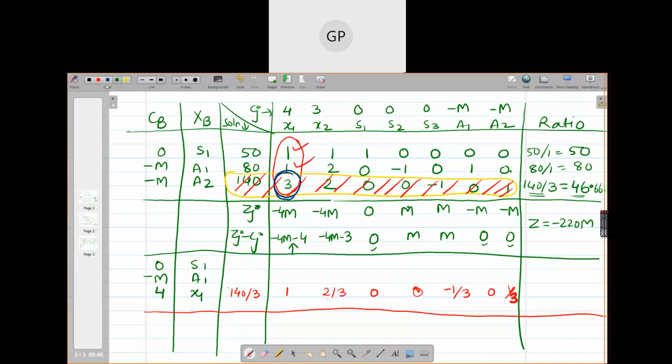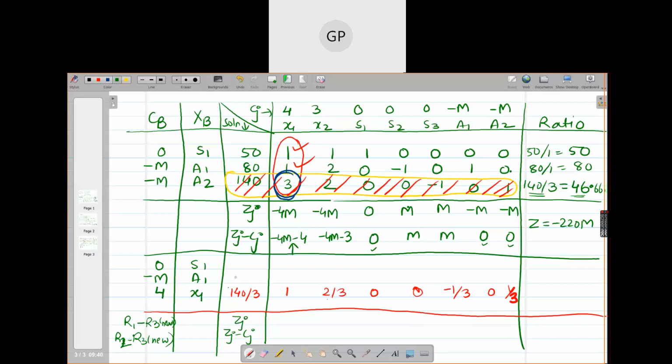R1 minus R3 new, and R2 minus R3 new, right? Are you getting it? New third row you have to use to convert these elements to 0.